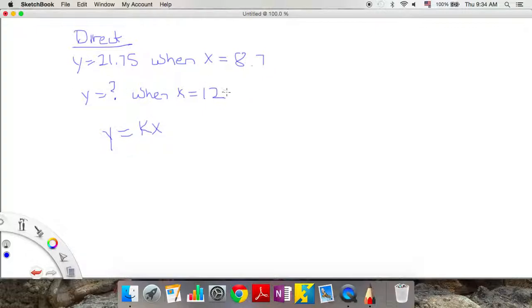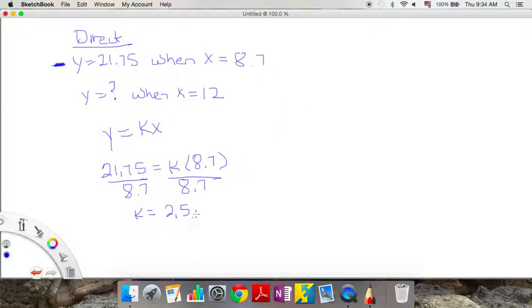In these problems, they give you information so that you need to find your k first. Once you find your k, you'll be able to find the other variables. So this first bit of information gives us what we need to find our k. We fill this in, and we have 21.75 equals k times 8.7. With simple algebra, divide by 8.7, and we get k is equal to 2.5.